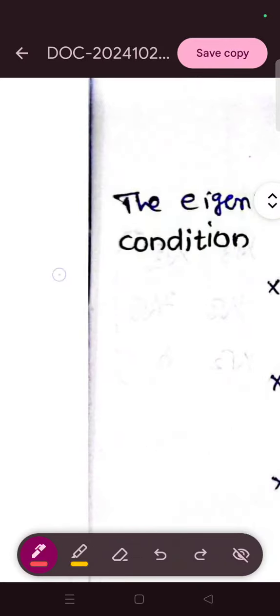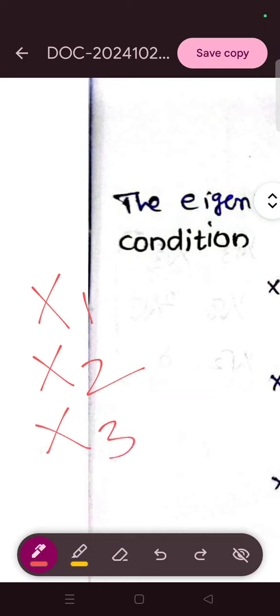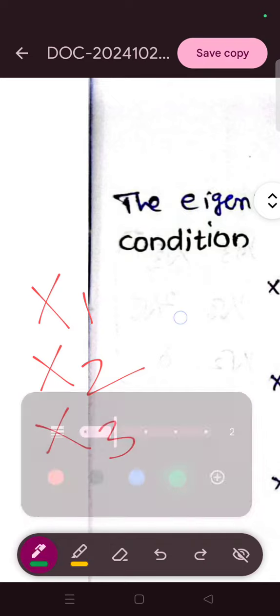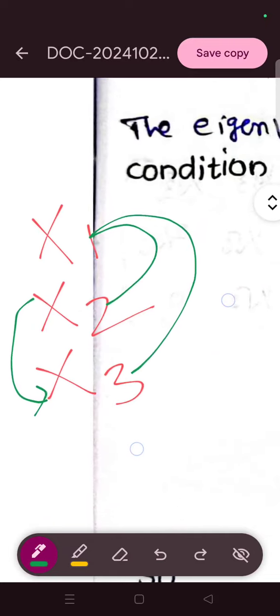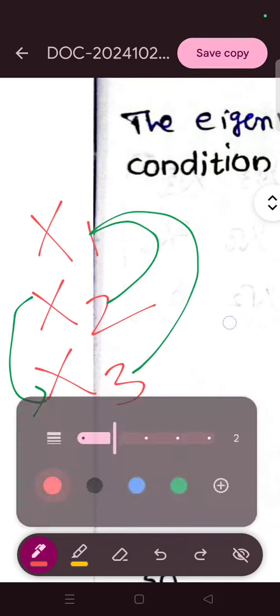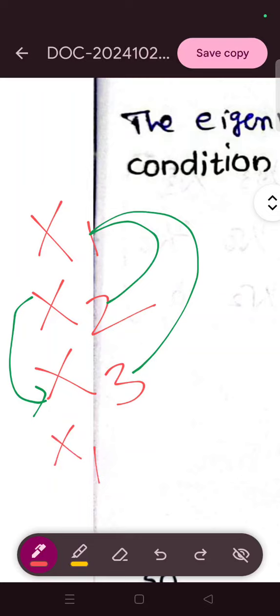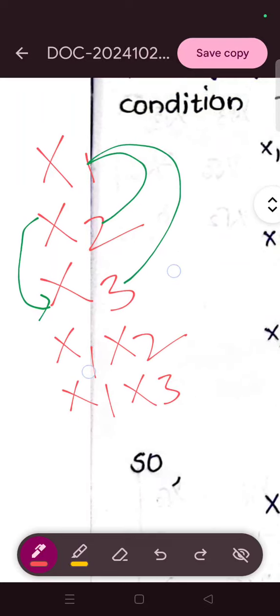So let's check. How many eigenvectors are there? x1, x2 and x3. We need to check whether these three are mutually orthogonal or not. First we check x1 with x2 and x3, after that x2 and x3. So there are three checks: x1 x2, x1 x3, and x2 x3.